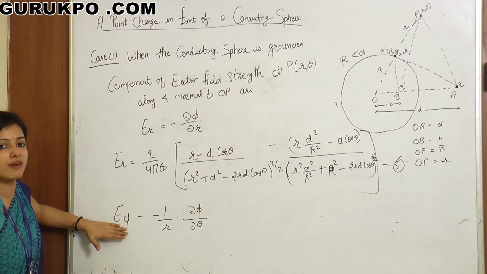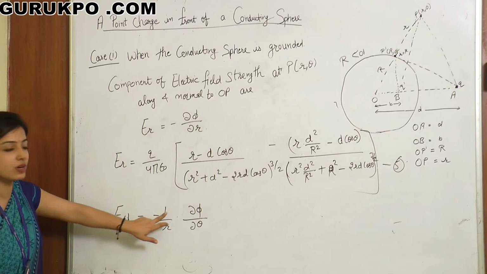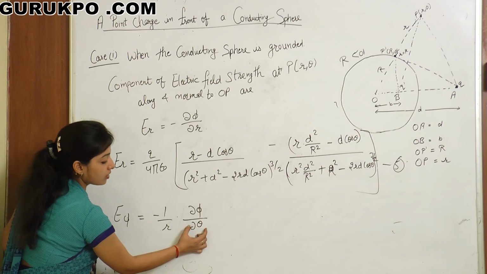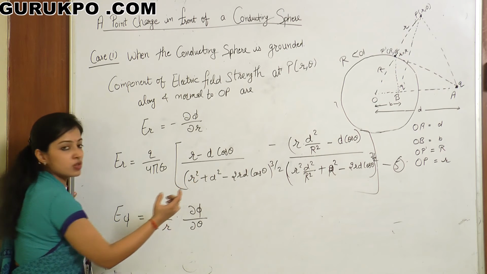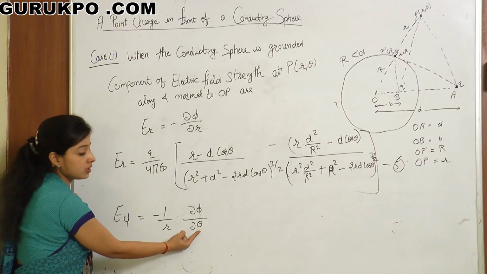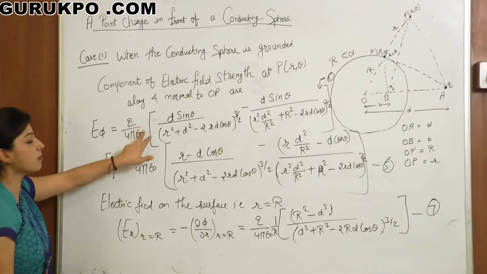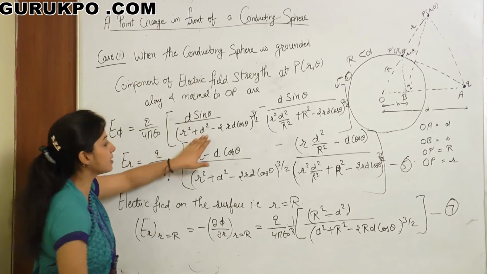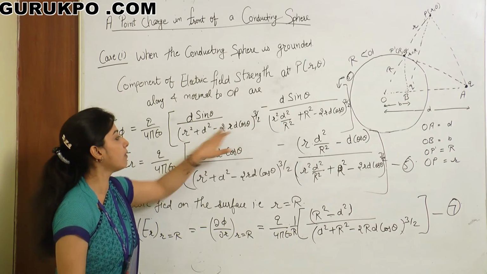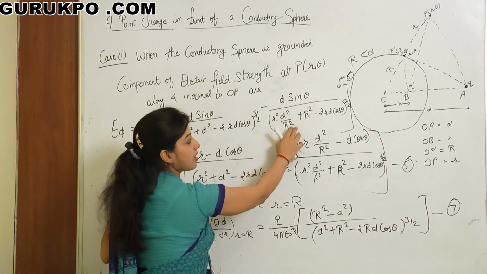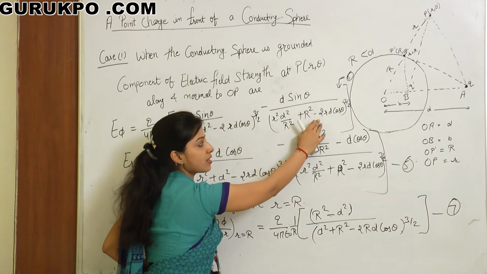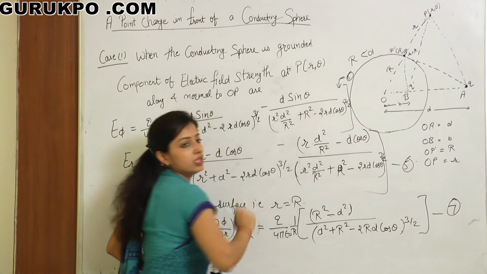Another component is E theta, that is E theta equals minus 1 upon r into del phi upon del theta. Now we have to find this component, so we differentiate the potential phi with respect to theta, which equals Q upon 4 pi epsilon naught into [d sin theta upon (r square plus d square minus 2rd cos theta) whole power 3 by 2 minus d sin theta upon (d square plus r square minus 2rd cos theta) whole power 3 by 2].